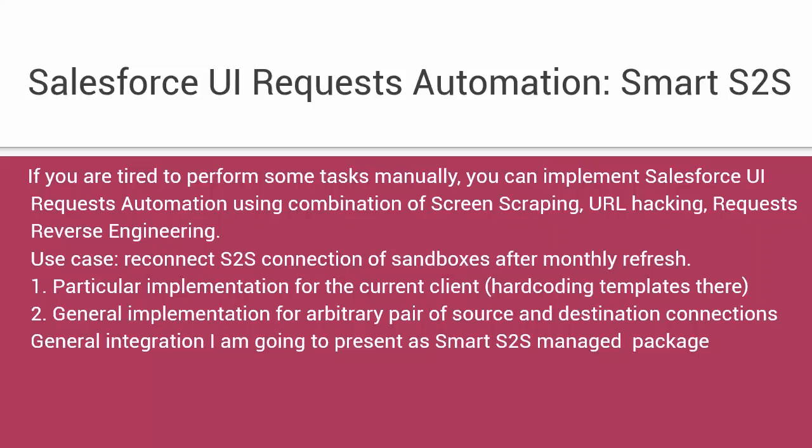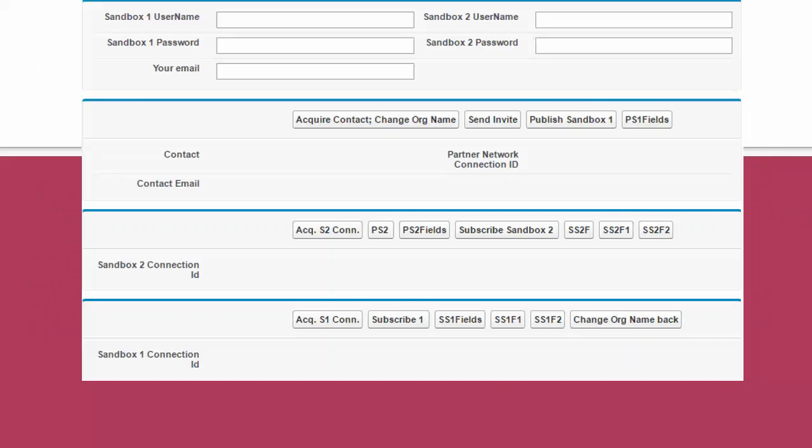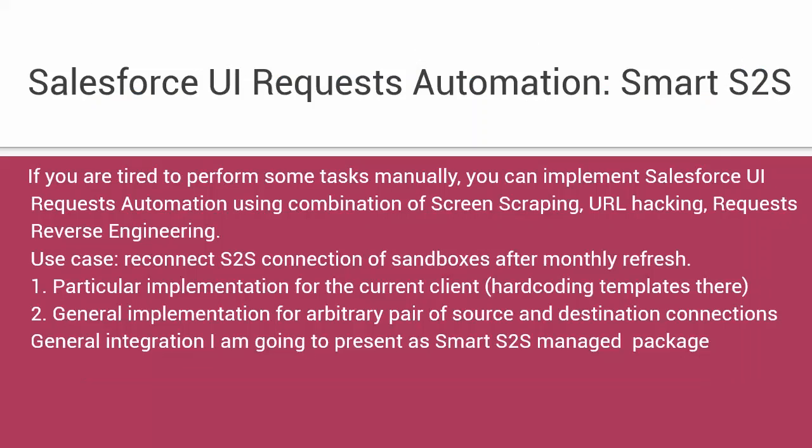So instead of manually reconnecting sandboxes after monthly refresh, where you can always make a typo or a mistake during this manual process, you can use some integration. For example, in the previous screenshot I have shown you the integration which I have prepared for a particular client.